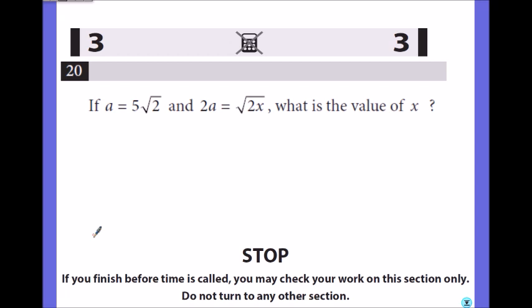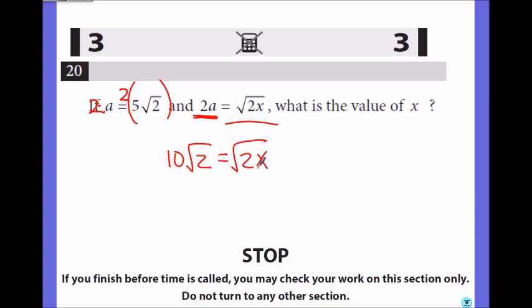20. If a equals 5 root 2 and 2a equals square root of 2x, what is the value of x? So 2a, so double it, right? 2 times a and 2 times the whole thing. So that's 10 square root of 2, which is equal to square root of 2x. And 10 square root of 2, if you rewrite it, is square root of 2 times square root of x.